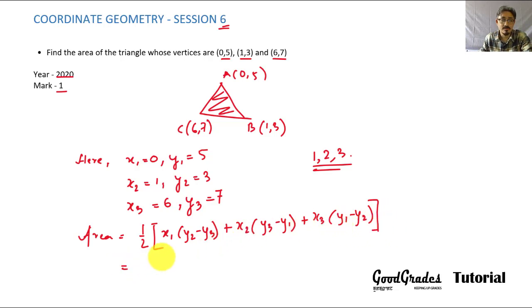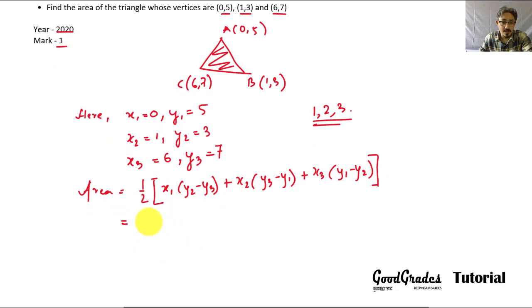So let us substitute the values. x1 is 0, y2 minus y3 is 3 minus 7, plus x2 is 1, y3 minus y1 is 7 minus 5, plus x3 is 6, y1 minus y2 is 5 minus 3.